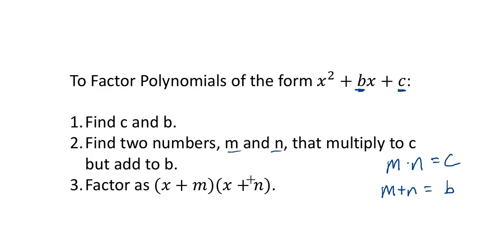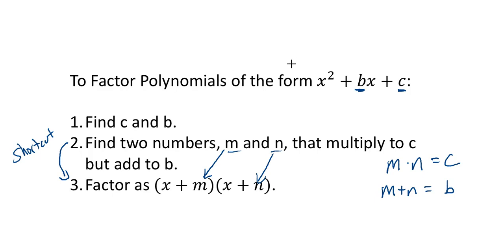Once you have found two numbers that fit that description, those are the two numbers that go into your two factors. So this is a bit of a shortcut here. I want to point out that we're kind of taking a shortcut. Once we find those two numbers, we can just get our answer immediately. We'll take x plus the first number times x plus the second number, and that's how this expression will factor.